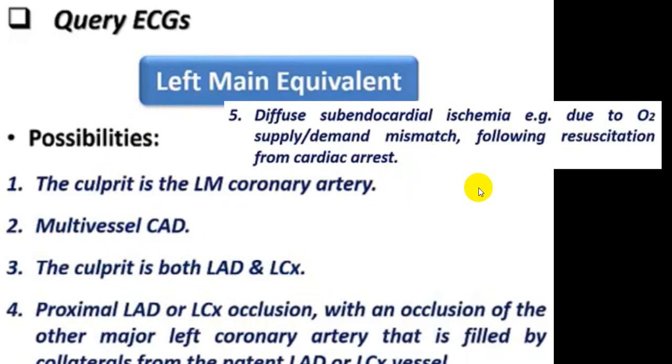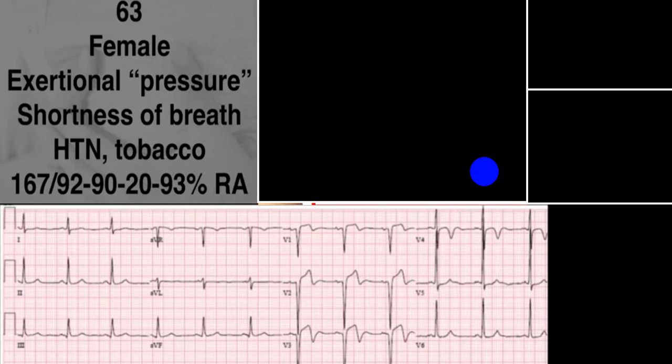So keep this thing in mind. You will have such finding in what we call as person who has been revived from cardiac arrest. So we put them into that group, what we call as out of hospital cardiac arrest revival.